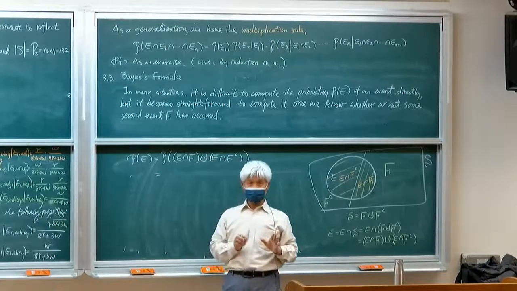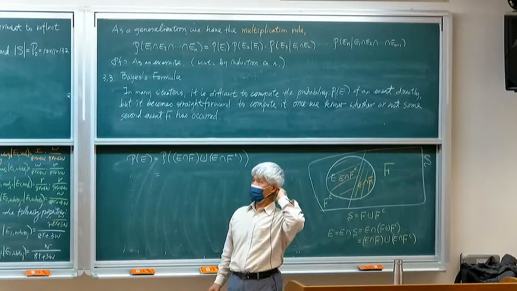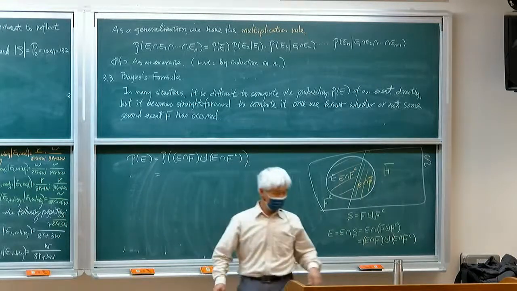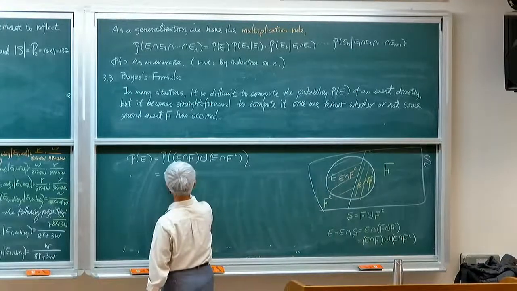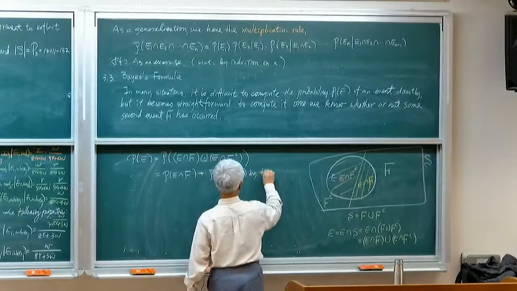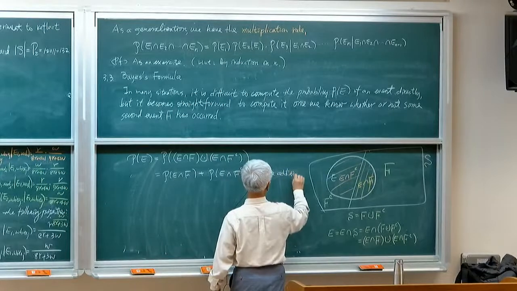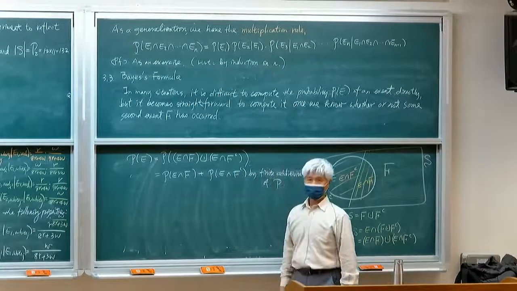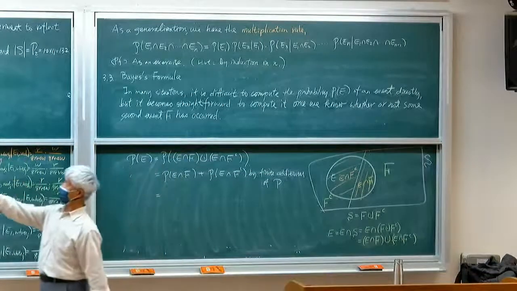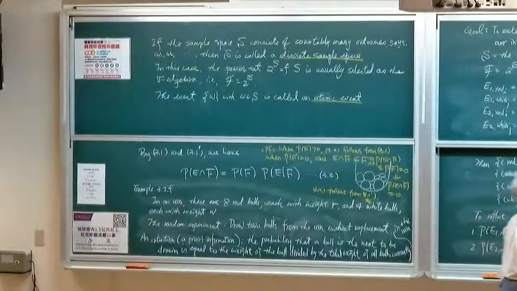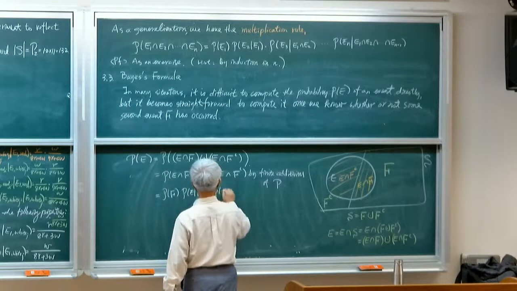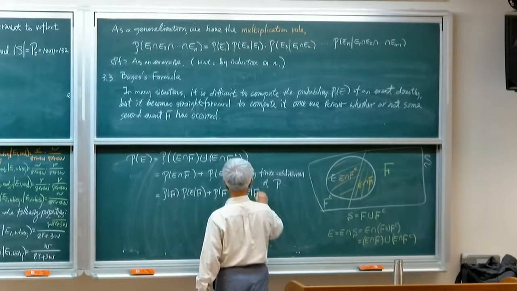Now, by finite additivity of P, because this is a disjoint union, and we apply formula 3.2 here, this is P(F) times the probability of E given F, plus P(F complement) times the probability of E given F complement.